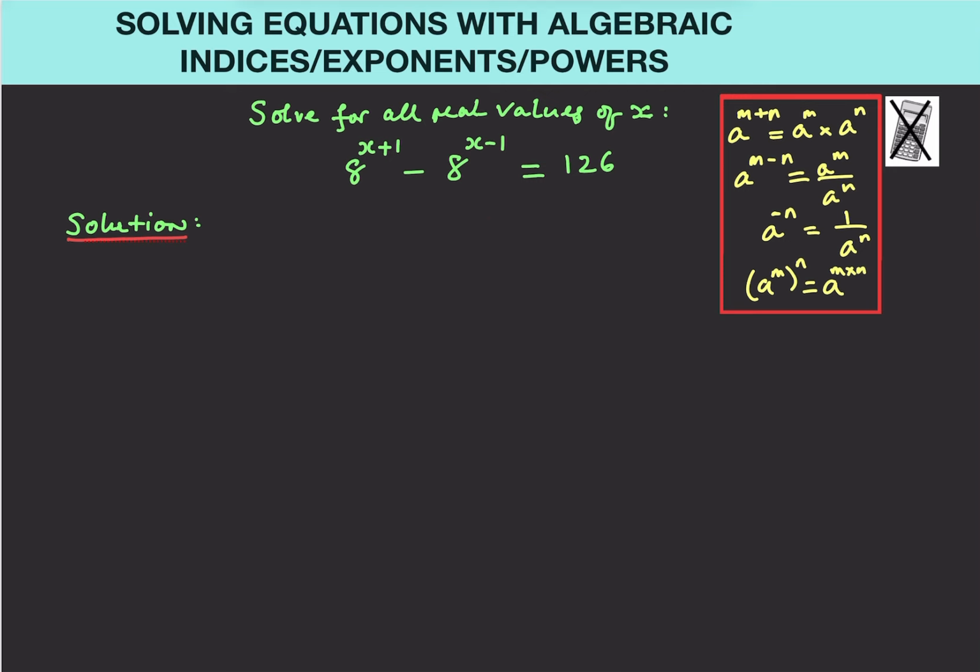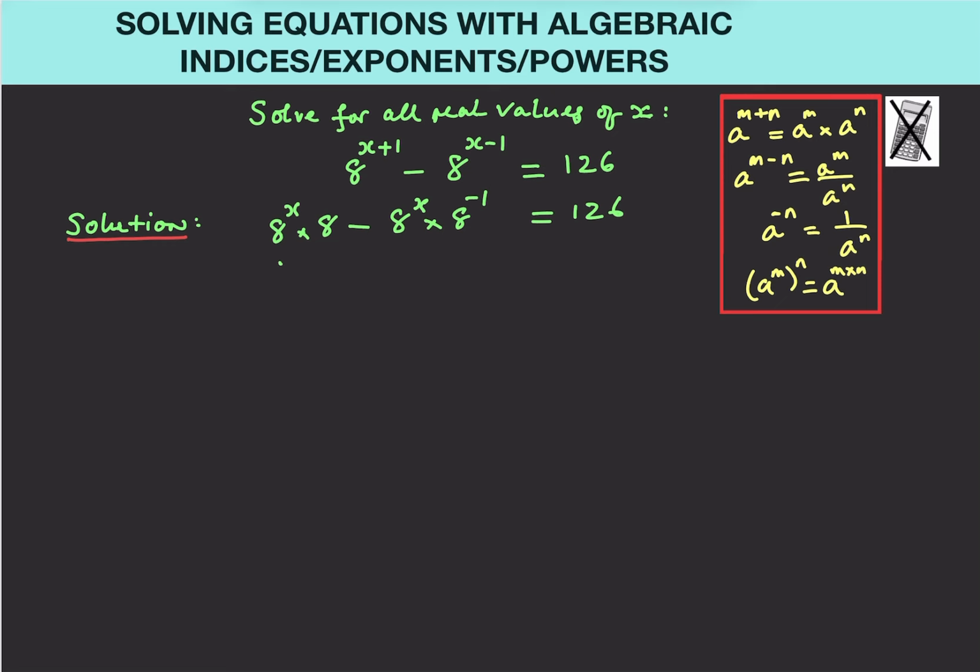So let's write something down. That will be 8 to the x times 8 to the 1. I'm not bothering with the 1. Minus 8 to the x times 8 to the minus 1 equals 126. And this rule here, any a to the minus n is 1 over a to the n, means that here is 1 over 8 to the 1.